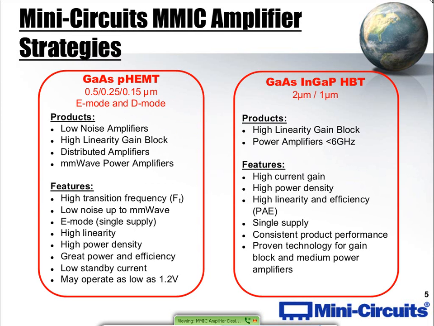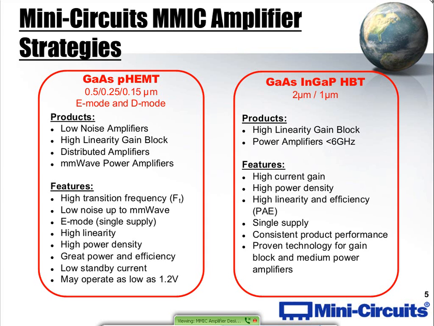At Mini-Circuits, using gallium arsenide, we focus on two basic approaches to our amplifier designs. One is a pHEMT approach, and the other is an HBT approach. On pHEMT, both designs are using gallium arsenide as the substrate. On the HBT designs, we use an InGaP layer for the epi, the emitter structure, and the pHEMT is a full GaAs HEMT structure.